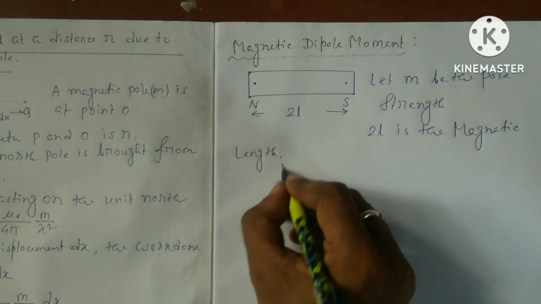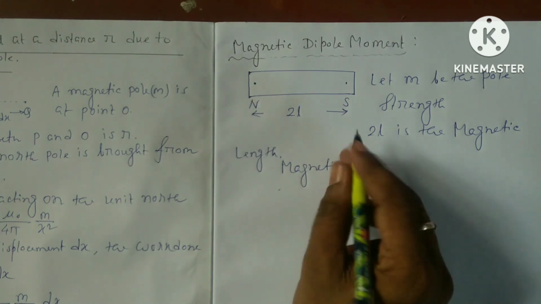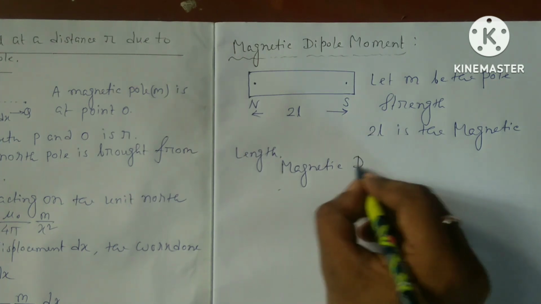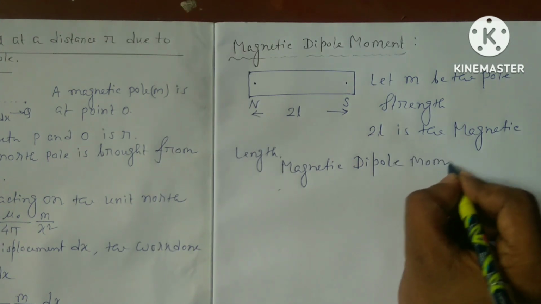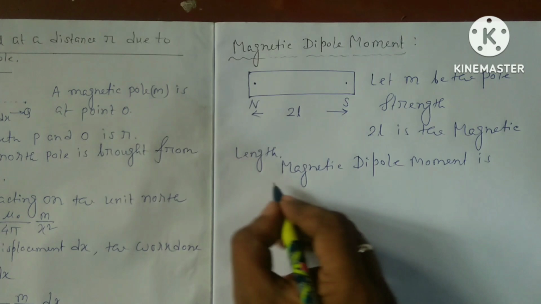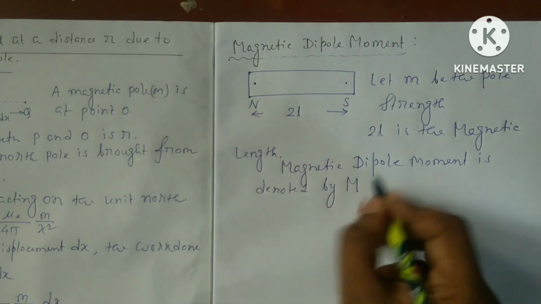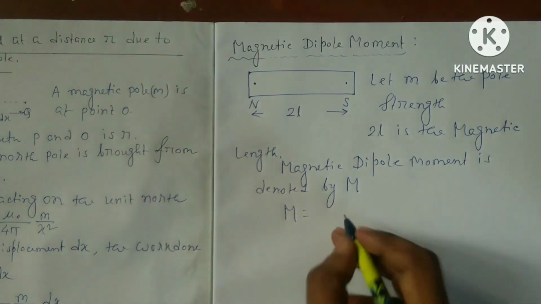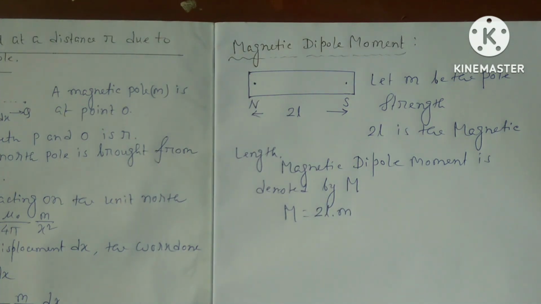So magnetic dipole moment is denoted by M. So M equal to 2l into m, that is pole strength and separation between the poles.